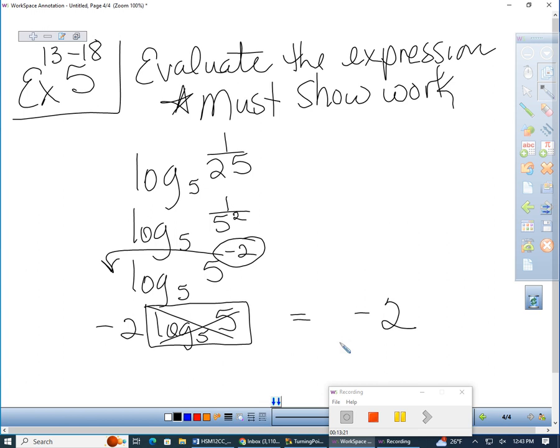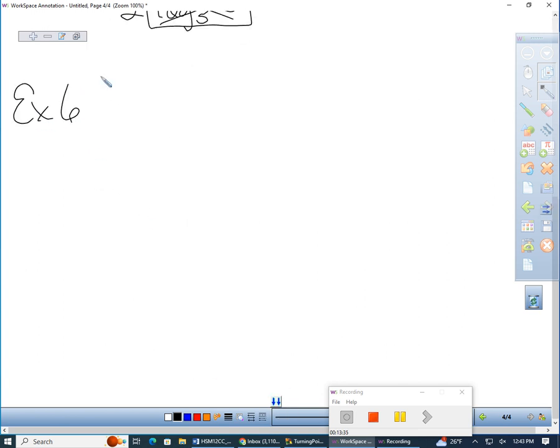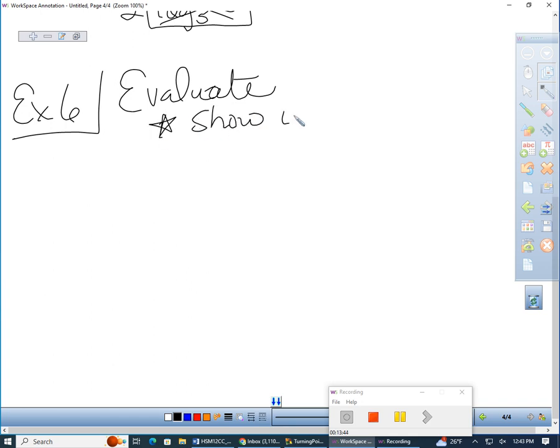So let's try another one. Example number 6. Evaluate. Show work. Let's do log base 2 of 128.